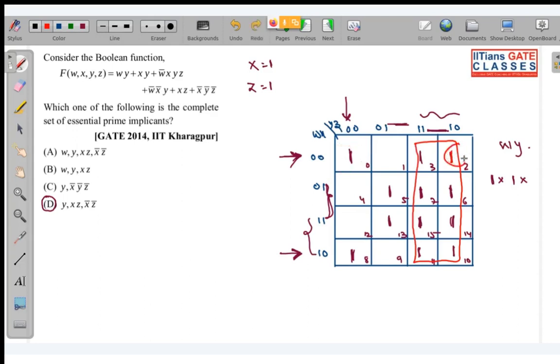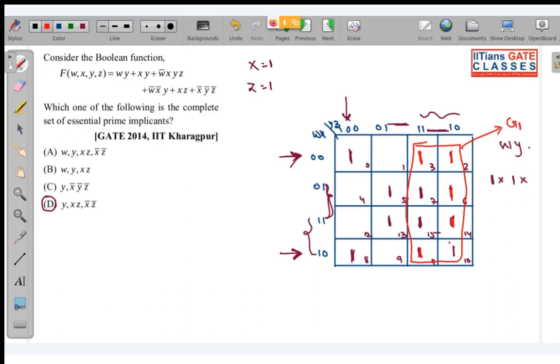You can even check this one. It has only one option: it needs to group with all the remaining ones over here. So due to these 5 ones, this group is an essential prime implicant.